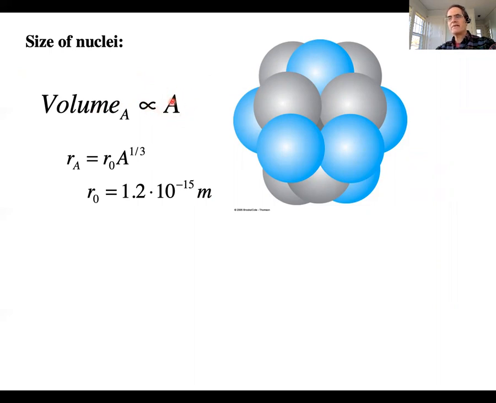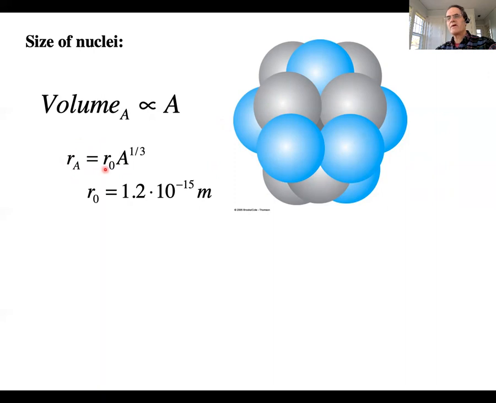Basically, it's A times the volume of each nucleon, more or less. Since this is a sphere, the radius of that sphere should just be proportional to A to the 1/3. And so we can write it in this way.